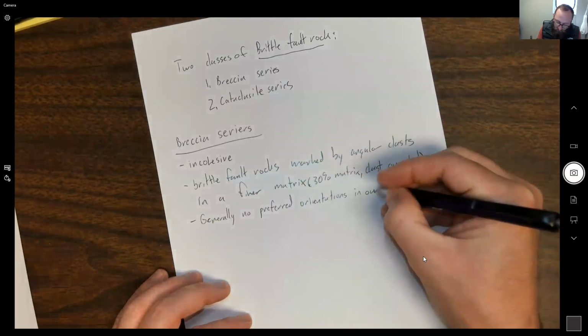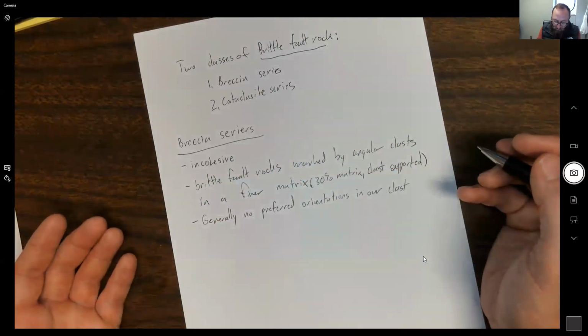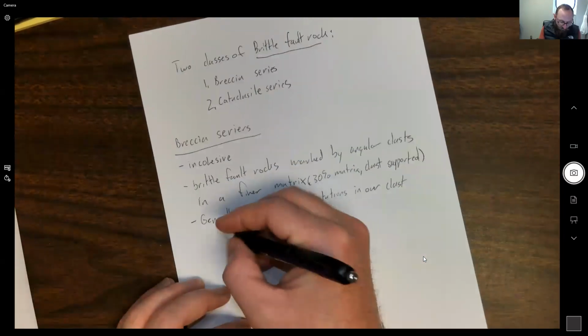Meaning that there's not really a fabric to the clasts, like a metamorphic fabric.